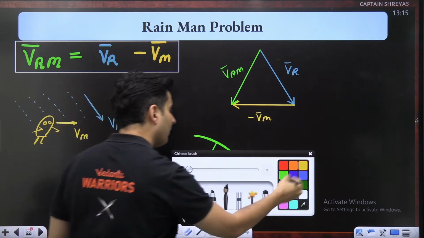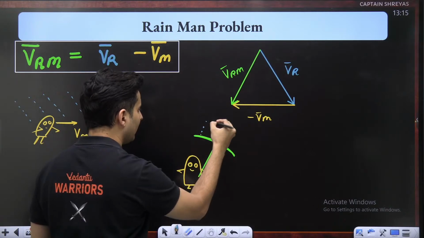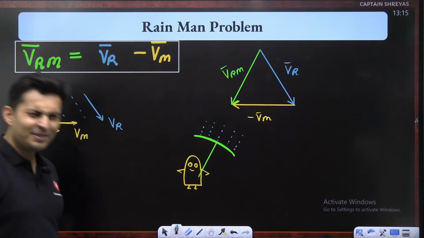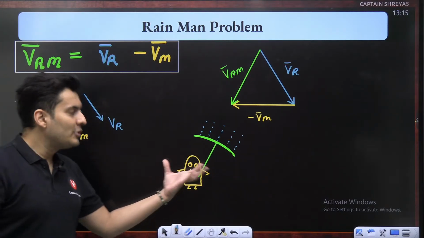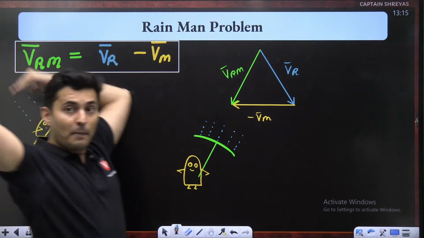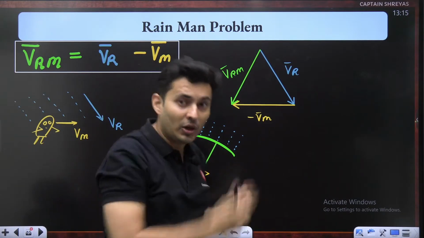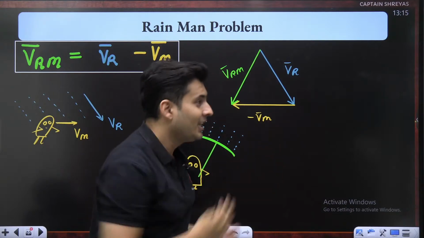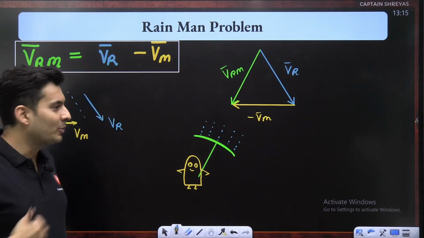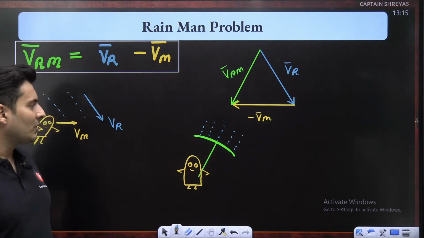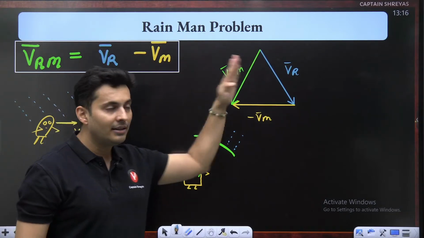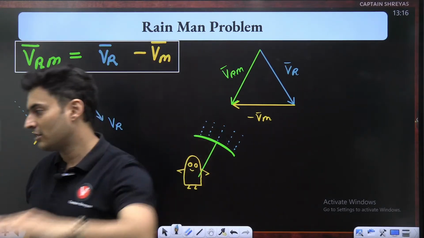And he will find the rain in this direction. This is relative to him. It's very awkward, very non-intuitive, but it is true. Even though the rain was coming from behind him, because he was running so fast, the rain appears to fall on his face. That is crazy. You're moving so fast. So this is how you solve those questions. This is the direction in which the stick of the umbrella is held so that he gets least wet.